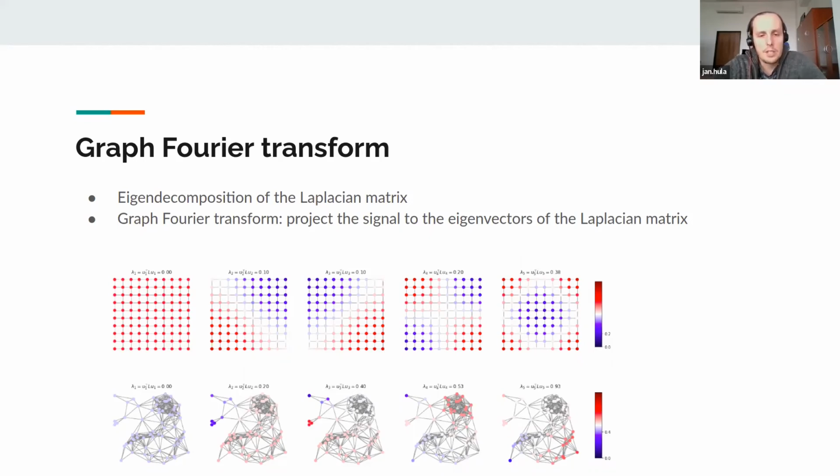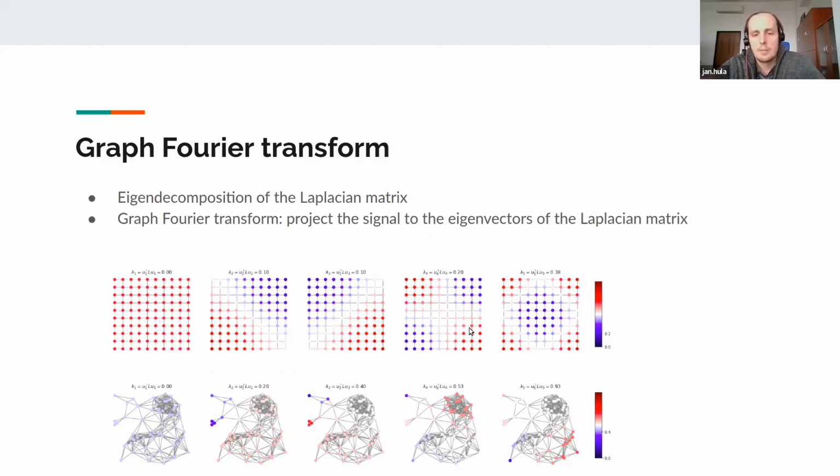For intuition, if the graph is a simple regular grid and you do this eigendecomposition and visualize the eigenvectors, which have as many elements as there are vertices in the graph, by coloring every vertex by the value of the corresponding element, then for this very simple graph you recover the periodic functions in the 2D plane.